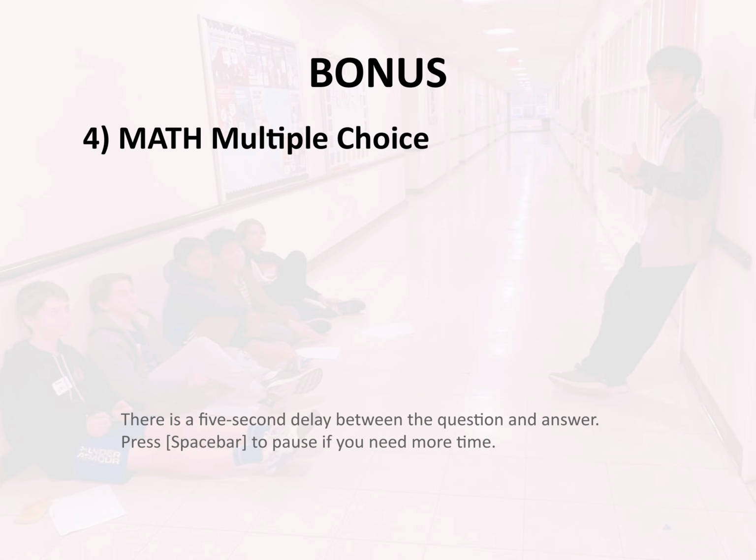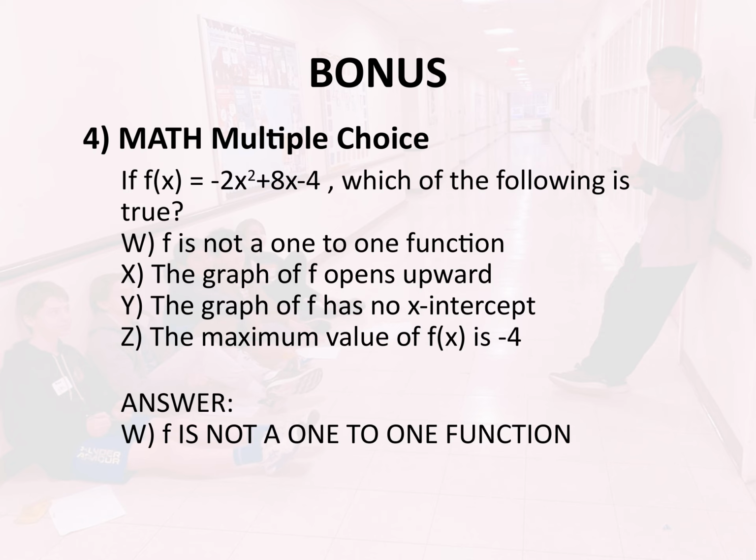Y. The graph of f has no x-intercept. Z. The maximum value of f of x is negative 4. Answer. W. F is not a one-to-one function.